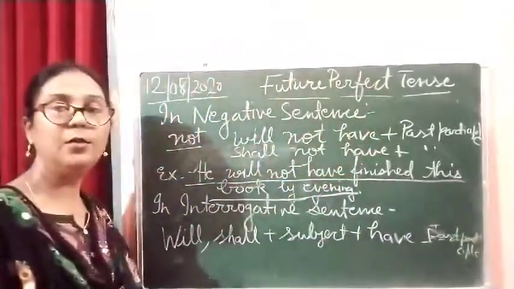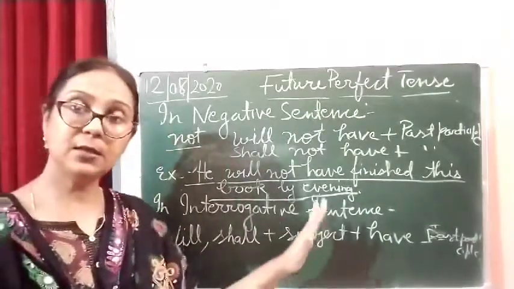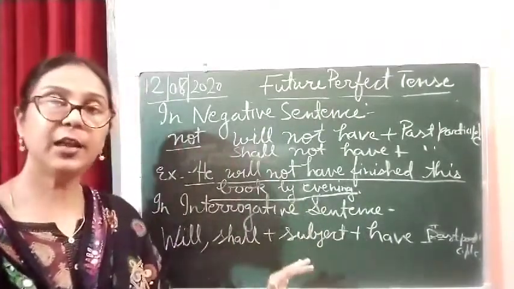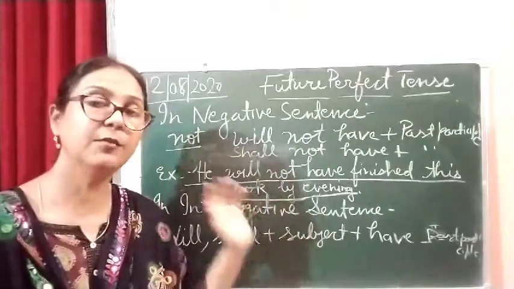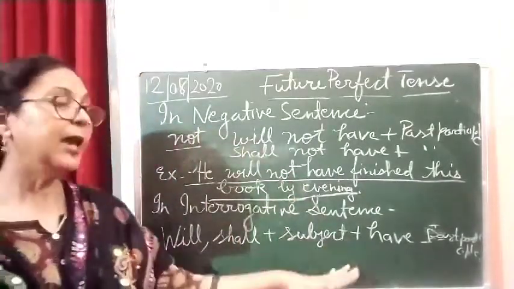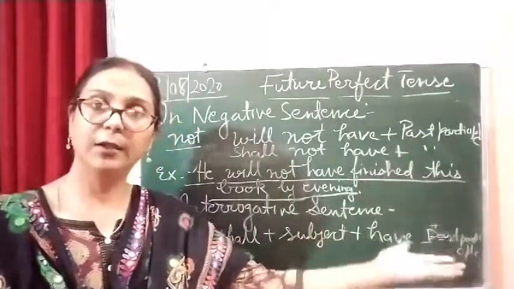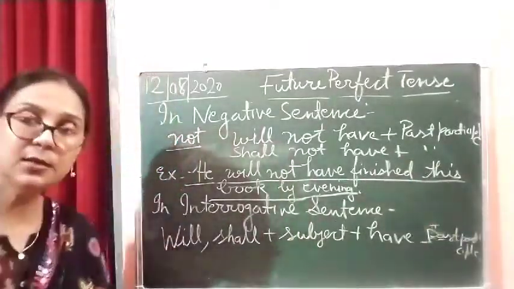Always remember: after will and shall we are supposed to use the subject. Whatever subject is given in the sentence we should place over there, and then have, and then the past participle and the other words in the sentence.